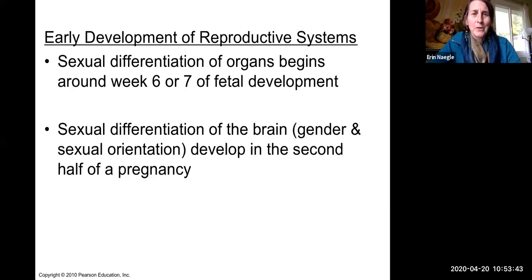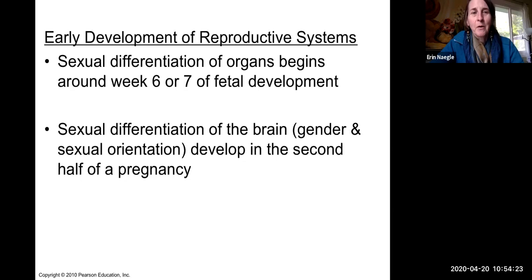In this lecture, we're going to talk about the early development of the reproductive system and how differentiation occurs between male and female reproductive systems. So after fertilization and the implantation inside of the uterine wall, and that fetus starts to grow and develop, they are considered sexually indifferent in the first 5 to 6 weeks, meaning that if you were to look at that growing fetus, you wouldn't be able to tell if it was genetically a male or a female because they would look the same.